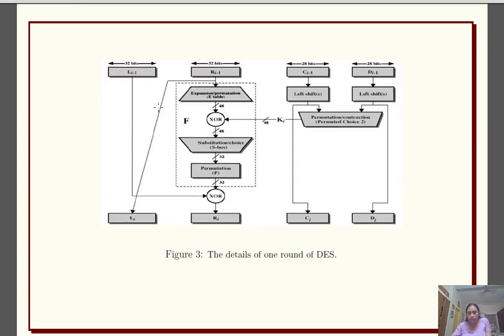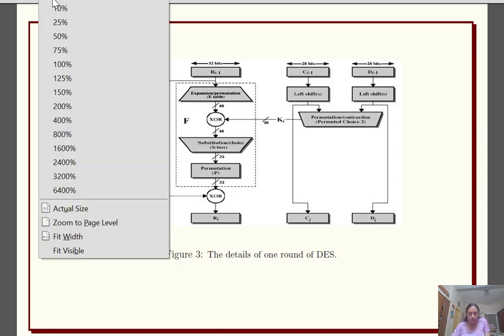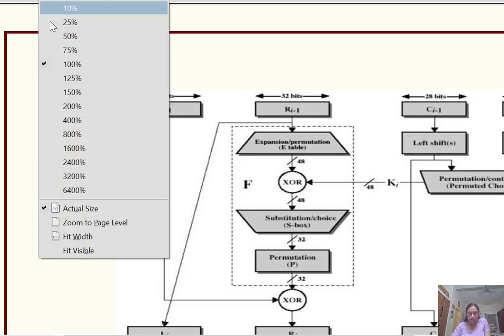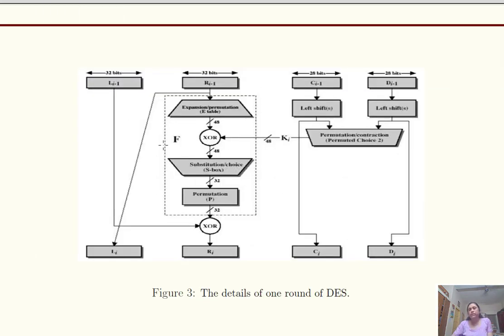So this is your picture. Whether it is visible or not. Okay, so this is the detail of one round of DES. This part I have already discussed. Li minus 1, Ri minus 1, 32 bits each. Li is essentially Ri minus 1. But how to get Ri?